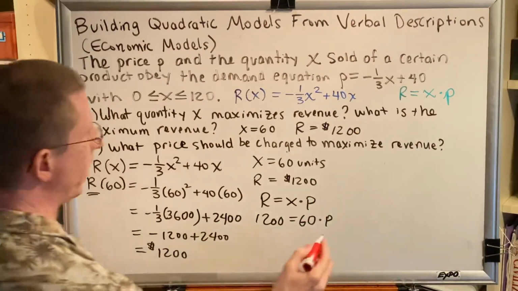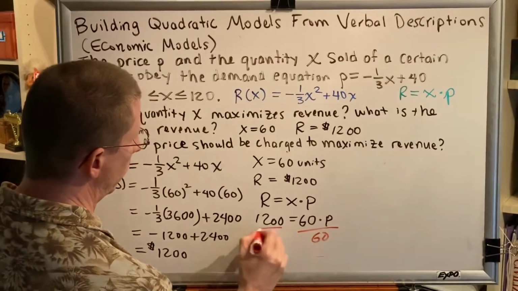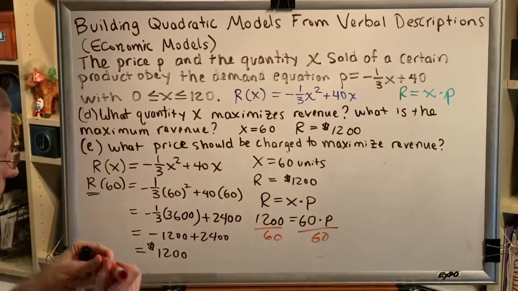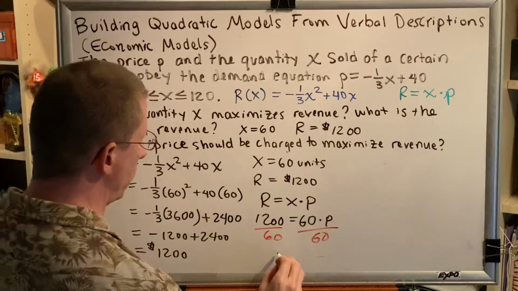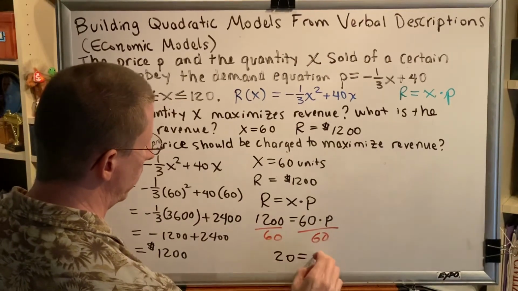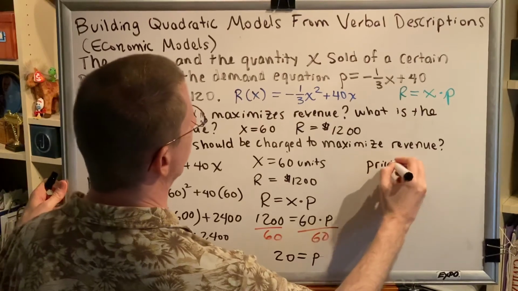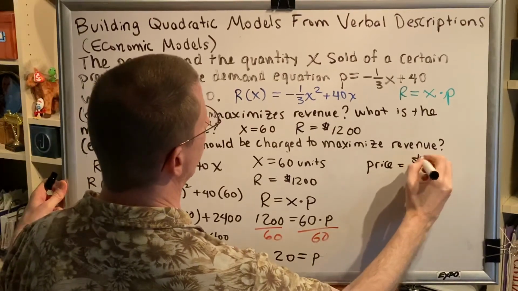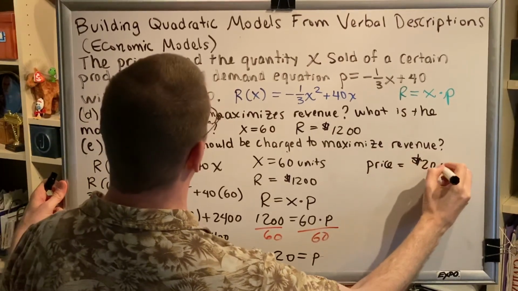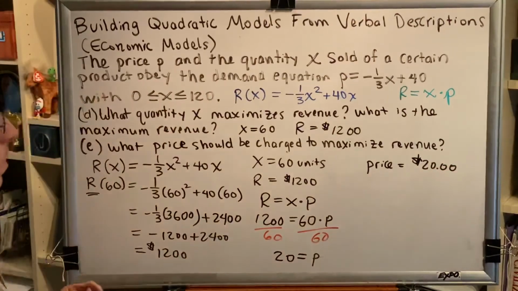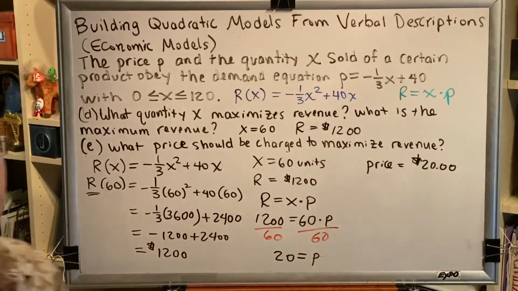Divide both sides by 60. We get 20 equals p. So the price should be $20. And with that, we are done with this problem.